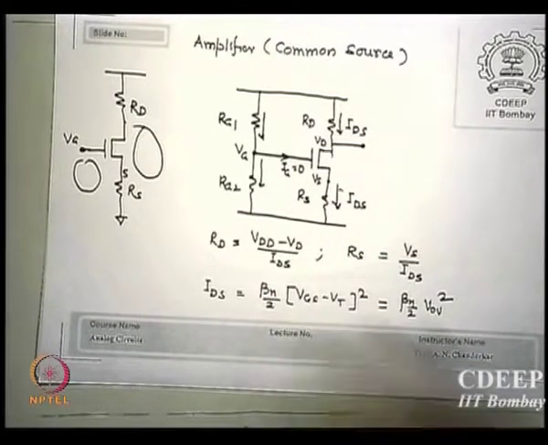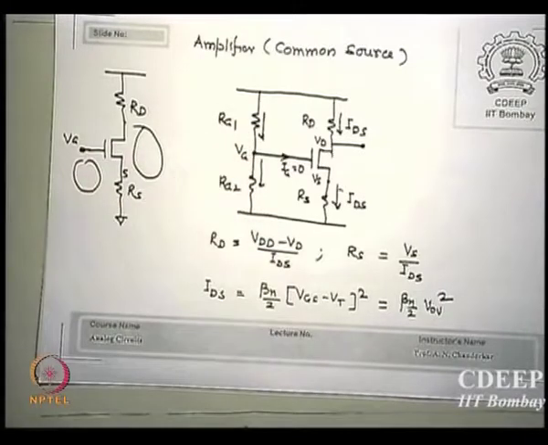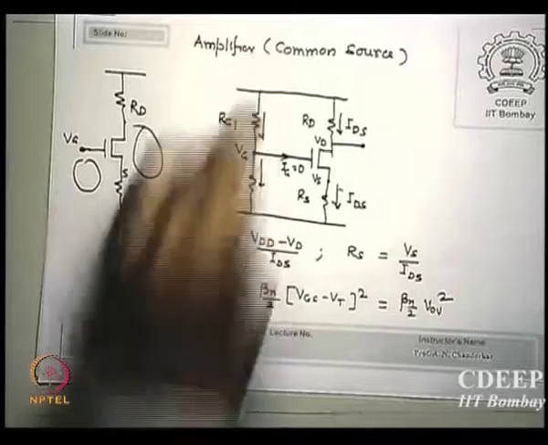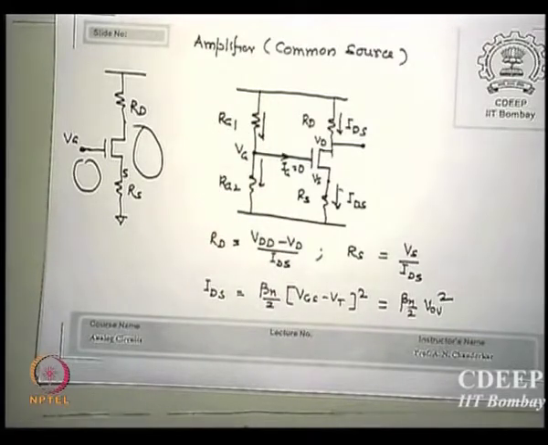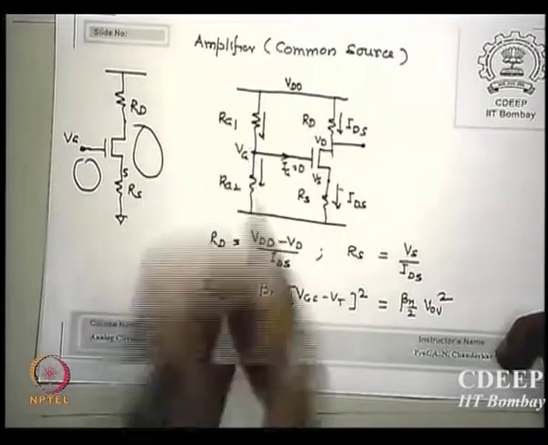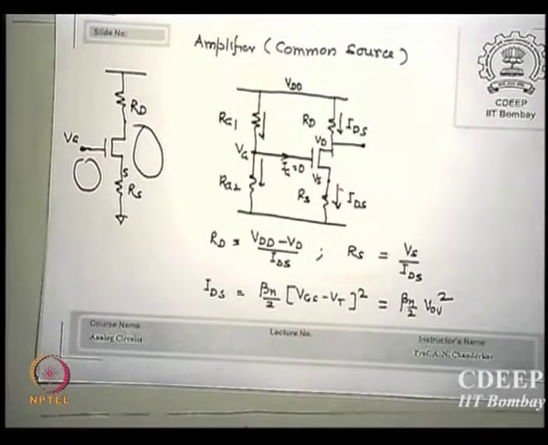So then can you tell me how much is VG? RG2 upon RG2 plus RG1 times VDD is this voltage. Potential divider. Is it okay?